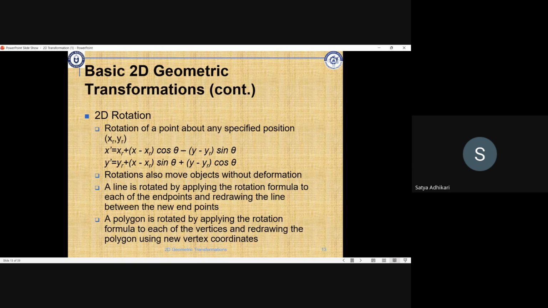So you only apply the rotation formula to those endpoints, and then redraw the polygon using the new vertex coordinates. After applying the rotation formula, you will get a set of new vertices. You join them and redraw the polygon using the newly formed vertex coordinates. In this way we can rotate a polygon.